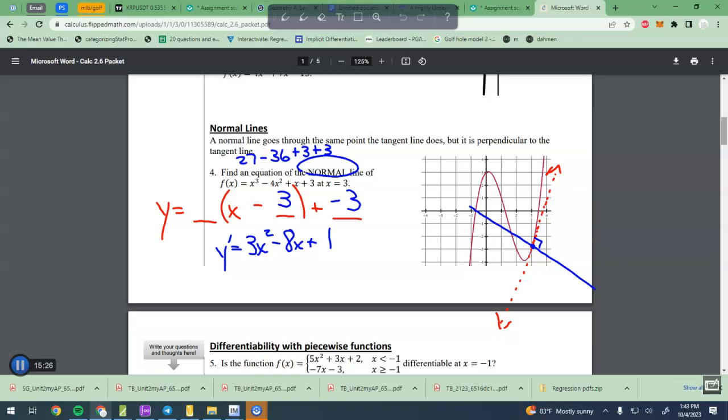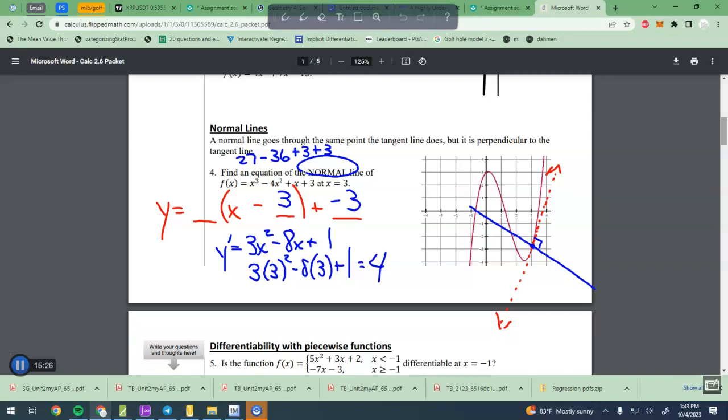The slope of the tangent line. So then what am I going to have to do with that? Flip it over and change the sign. So I'm going to plug in 3: 3 times 3 squared minus 8 times 3 plus 1. 27 minus 24 is 3, plus 1 is 4. That's the slope of the tangent line.